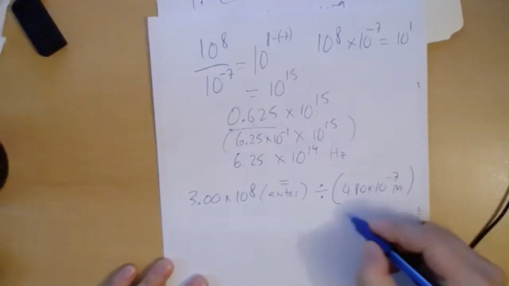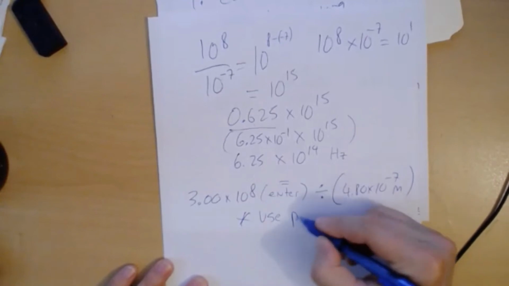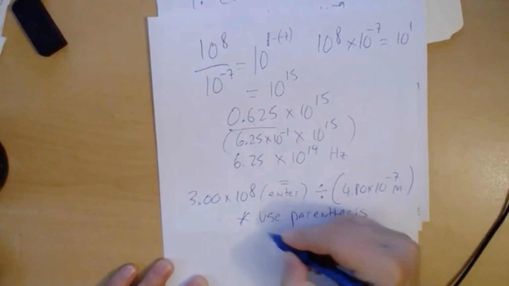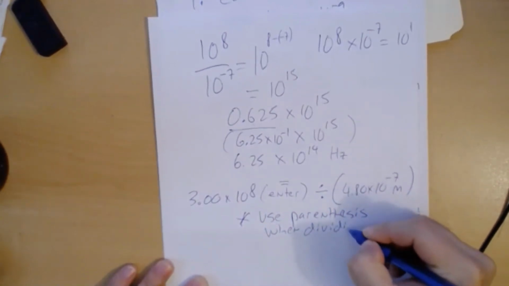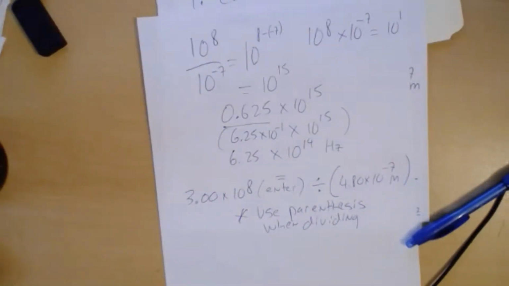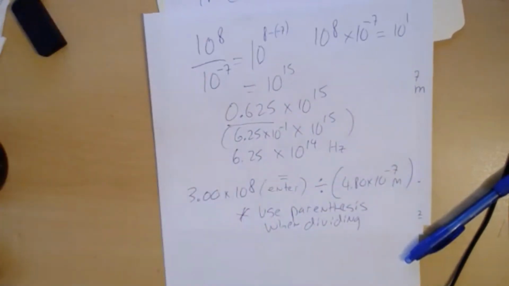So my key idea is I'd use a parenthesis when dividing. Yeah, I use parentheses for both. I mean, you can use parenthesis on the top, or what I do is I hit enter and it puts it in memory.